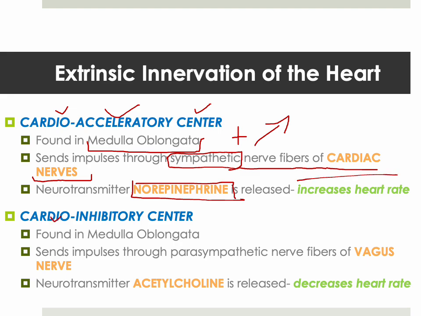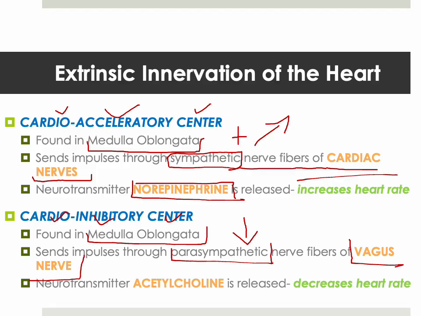On the other hand, the cardio-inhibitory center, also located in the medulla oblongata, will do the opposite. The parasympathetic means it's going to make us rest and decrease our heart rate, because maybe we need to relax and don't need that much stimuli, and it uses the vagus nerve to do this.